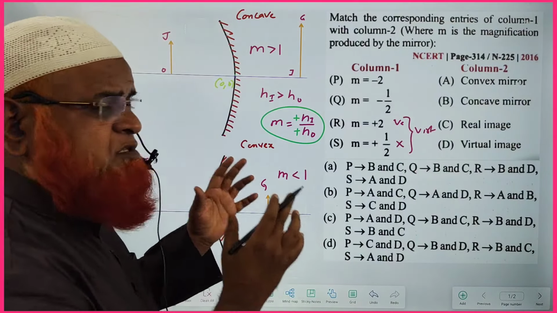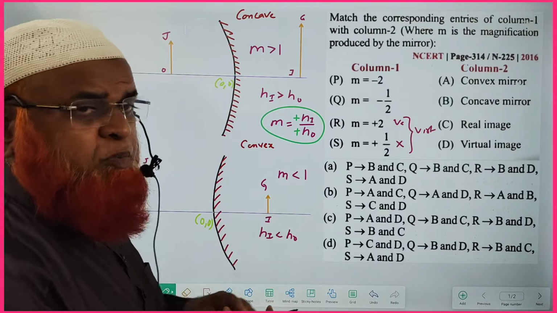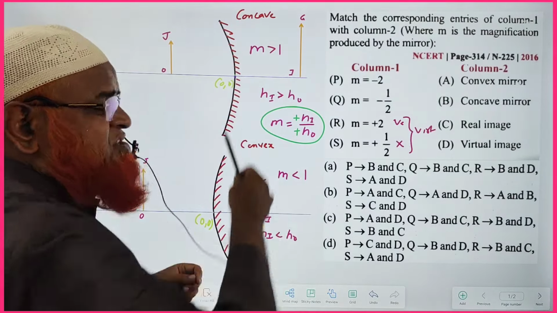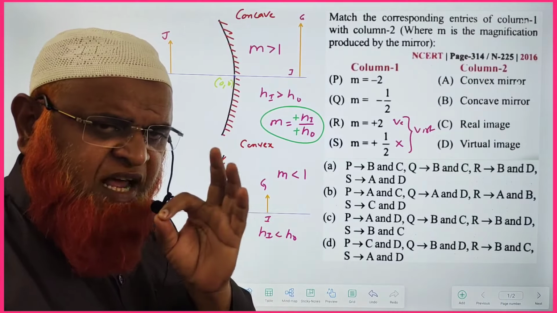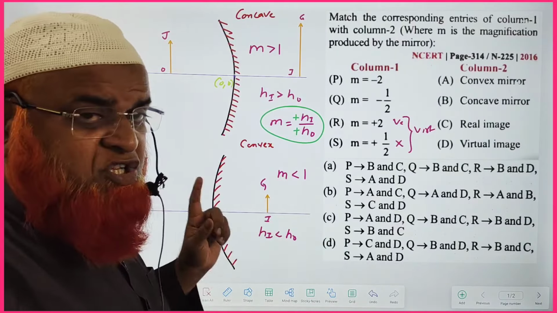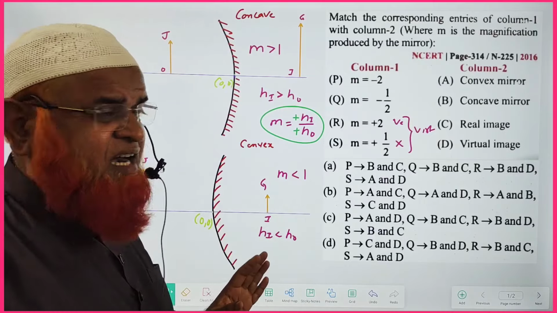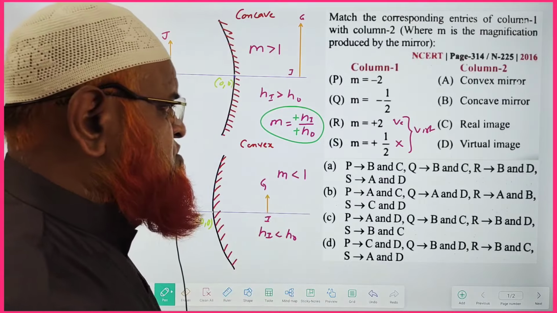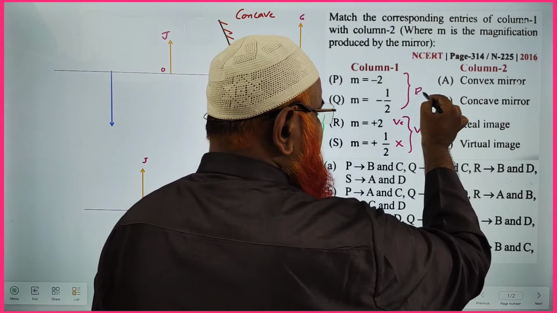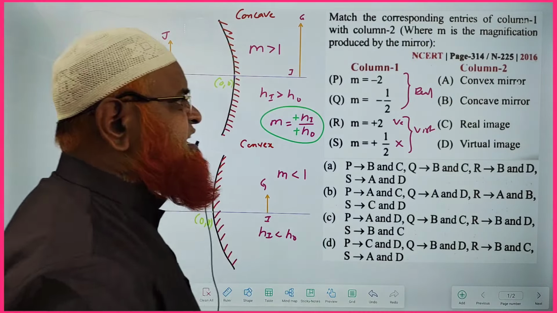Whenever magnification becomes positive, these are said to be virtual cases. Why? In virtual cases only you will get erect images. A very beautiful application I am going to tell you now. So in virtual cases only images are erect, so magnification is going to be positive. And these two cases are taken as real cases because you are getting a negative sign.